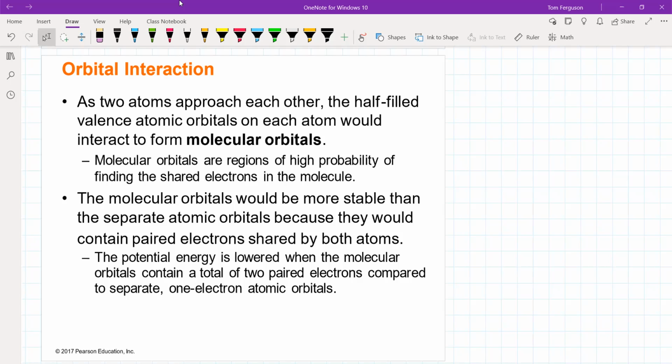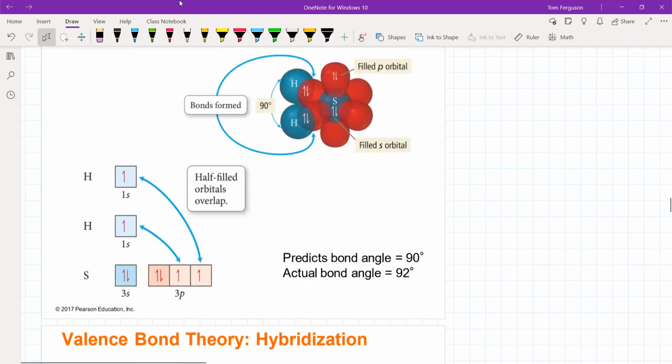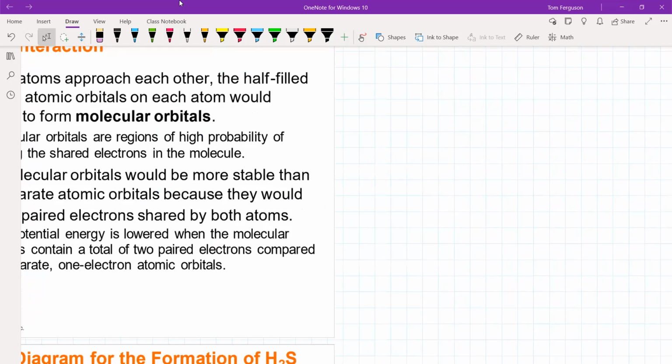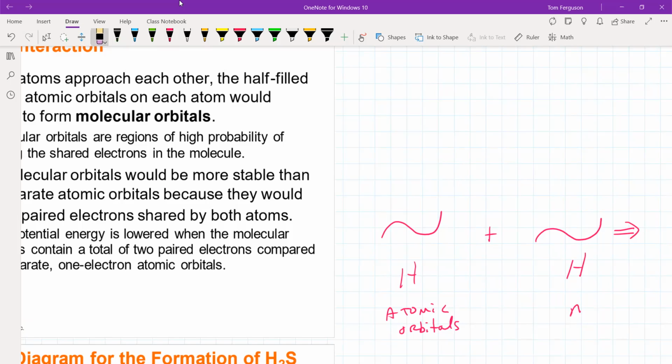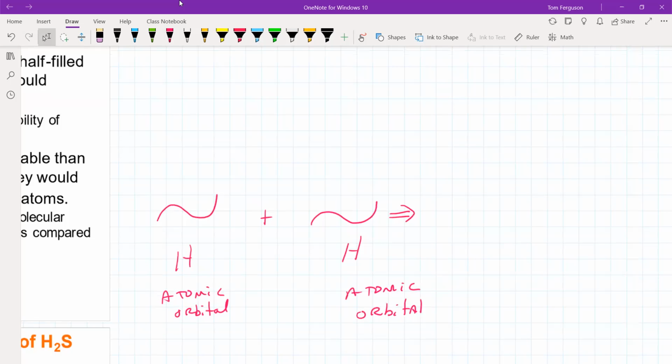And the way this works is, when you bring two atomic orbitals together, the originals no longer exist.